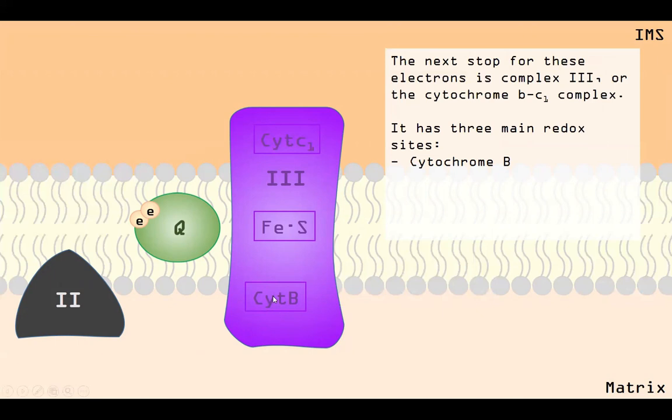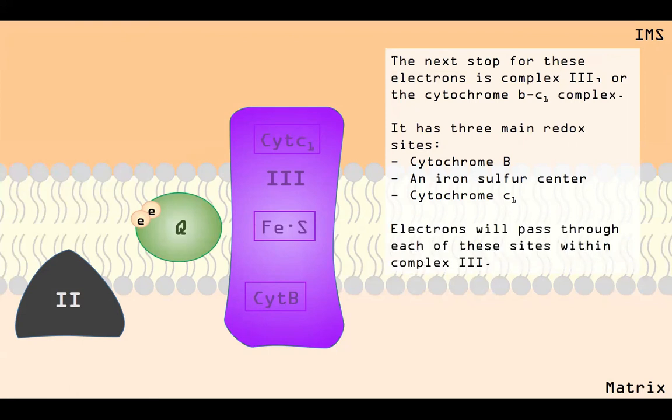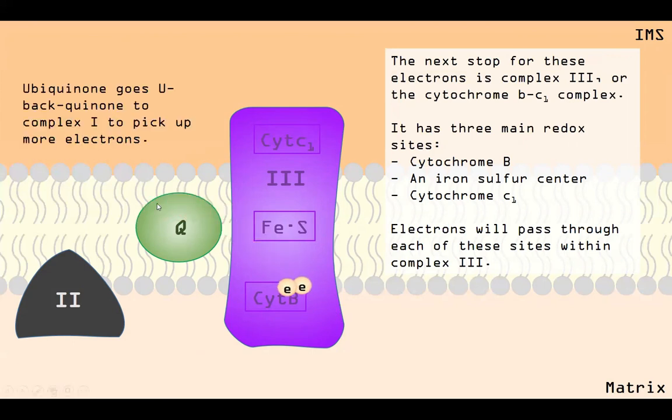So cytochrome B, an iron sulfur center, and cytochrome C1. For now, what we're going to see is that electrons will pass through each of these sites within complex 3. So here they go, cytochrome B.